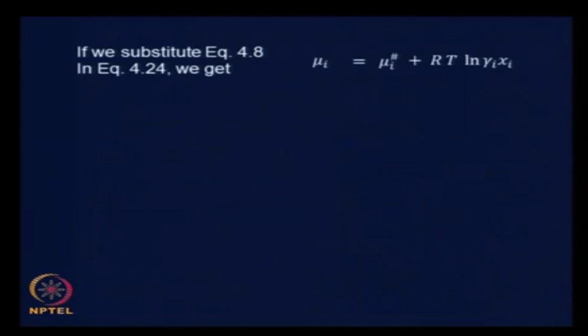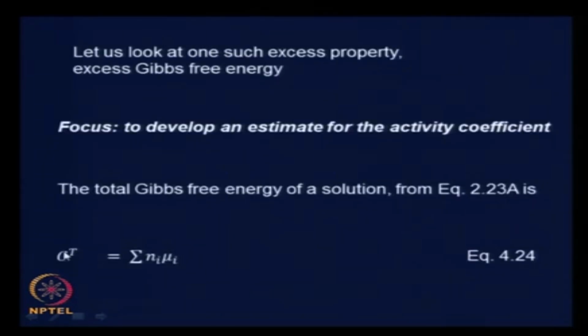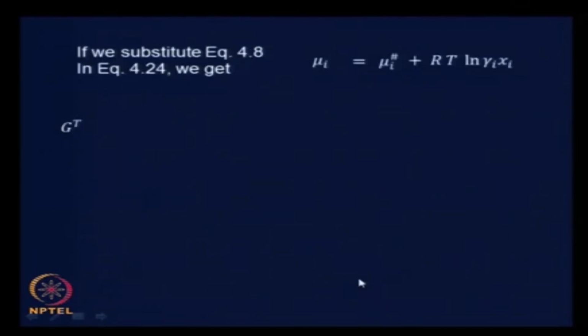Now, if we substitute equation 4.8, which is mu i equals mu i hash plus RT ln gamma i xi. If you recall, this is the expression for a non-ideal solution of either liquids or solids. We are going to substitute mu i with mu i hash plus RT ln gamma i xi.